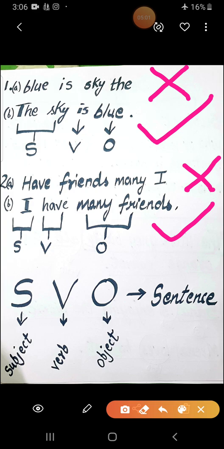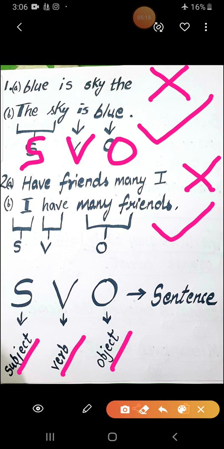One thing that is common everywhere, you can see that we have written S, V and O. What does it stand for? You can see here: subject, verb, object.